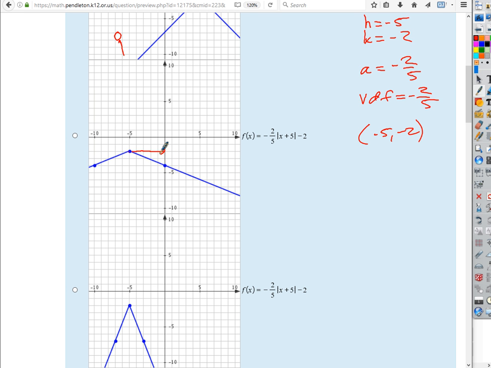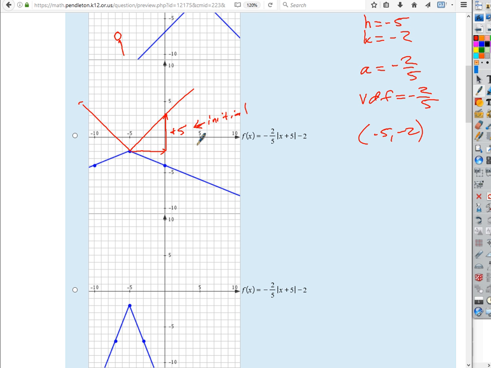So we'd have a point right there, and we go back 5 and up 5, and our graph would just do that. That's our parent graph. We always want to compare what we end up with to the parent graph that we started with. So that's our initial.